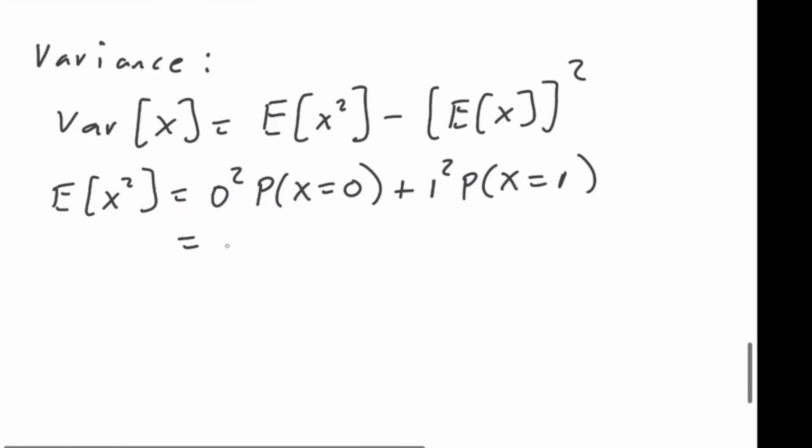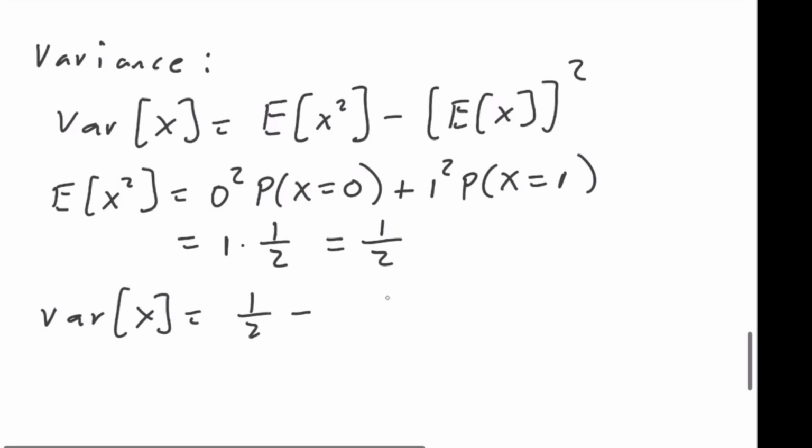So it'll be 1 times 1/2, because that's the probability x is equal to 1. So the variance of x is just equal to 1/2 minus, and then remember the expected value of x was 1/2, but we're going to square it. So that's 1/2 minus 1/4, which is 1/4.